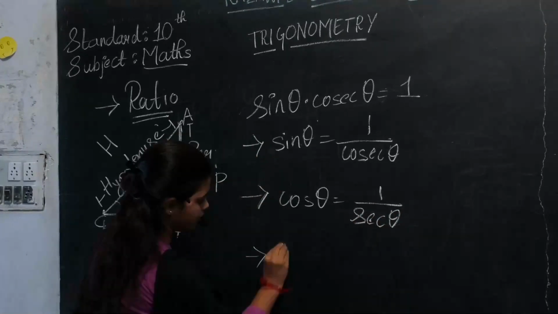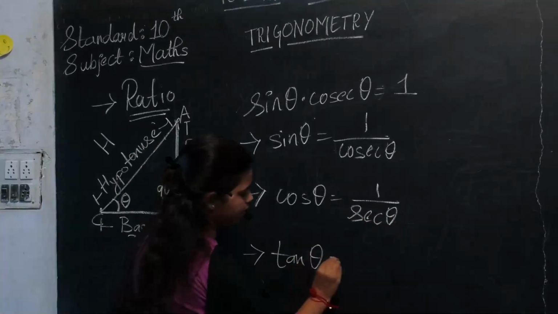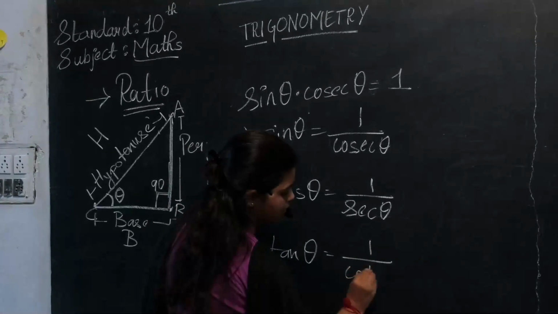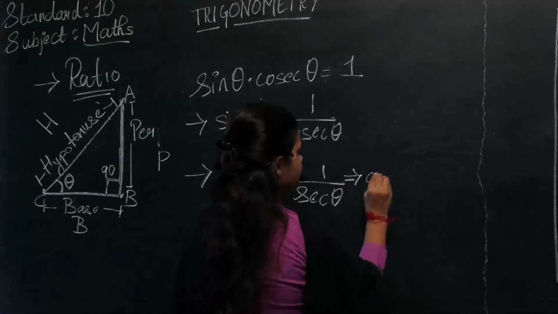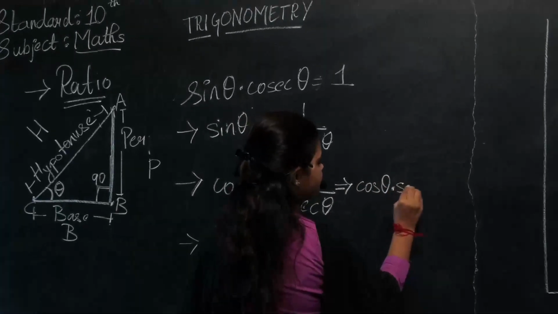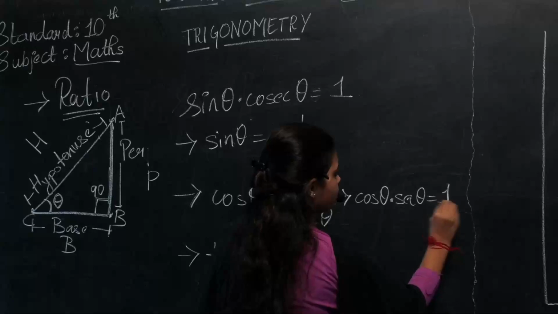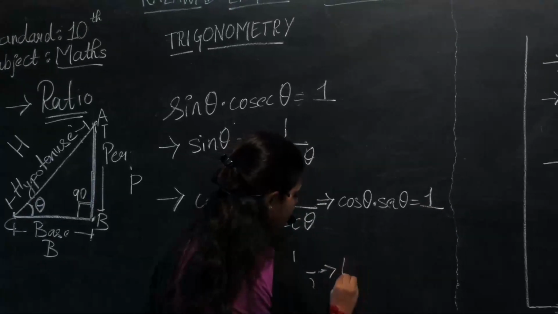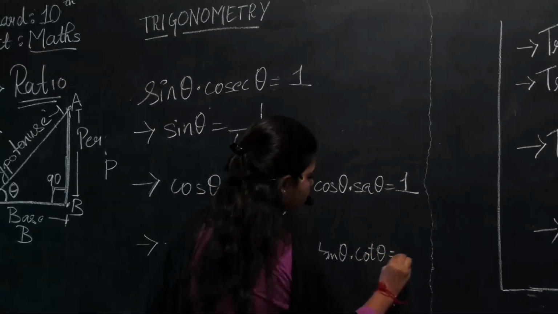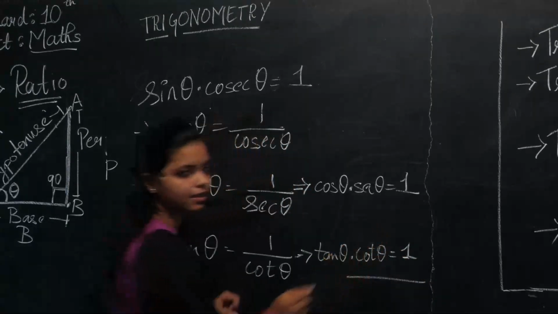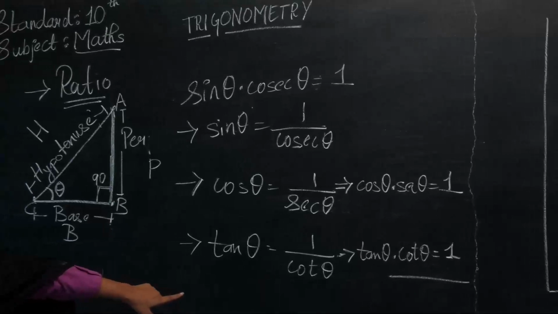And the last one, tan theta equals 1 upon cot theta. Remember that you can write this as cos theta times sec theta equals 1. And same here, tan theta times cot theta equals 1. Clear? Got it? Okay.